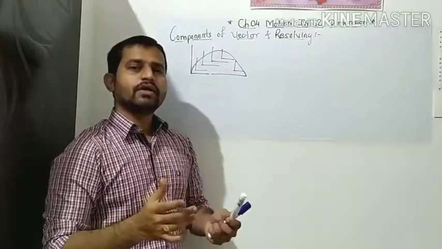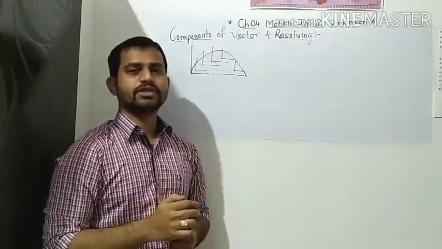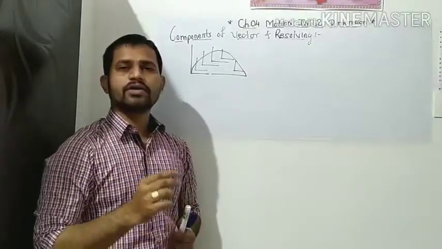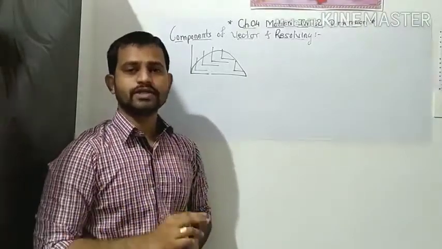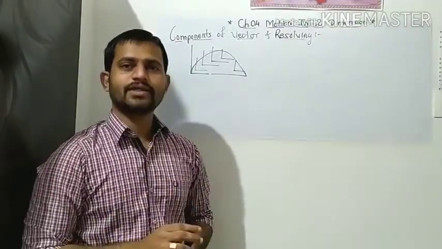We are not able to see the vertical and horizontal distances separately, but we see the final result, the resultant of combining these two vectors.